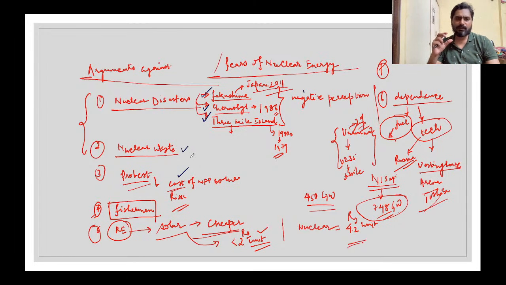What you can write in the conclusion instead is that you should show your openness towards nuclear technology or nuclear energy, but proceed with caution. You should say that yes, we can go for nuclear energy, because every country has unique requirements and is endowed with unique resources.